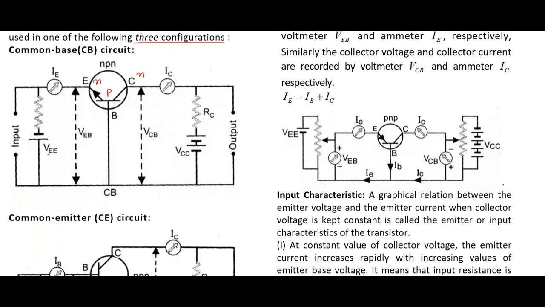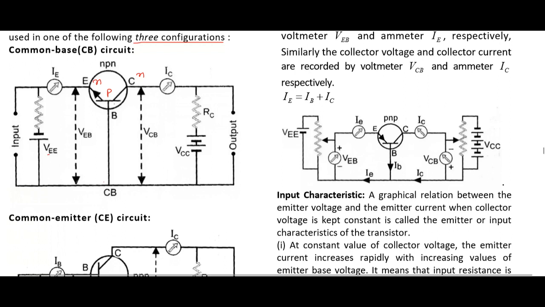Now the terminal which is kept common, here is a notation, the terminal which is kept common, that comes after. For example, base is kept common, VEB, emitter base. Here collector base is kept common. And now if we have a look at this circuit, this is the collector base circuit.